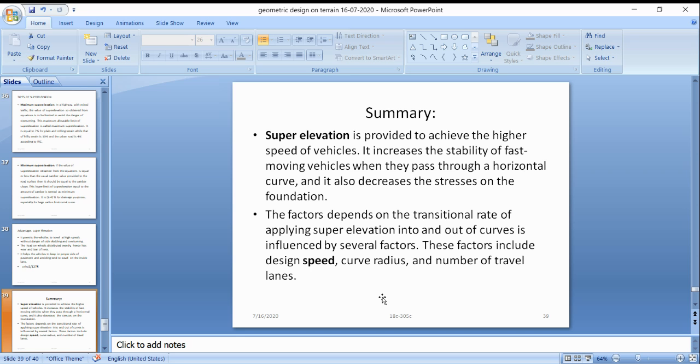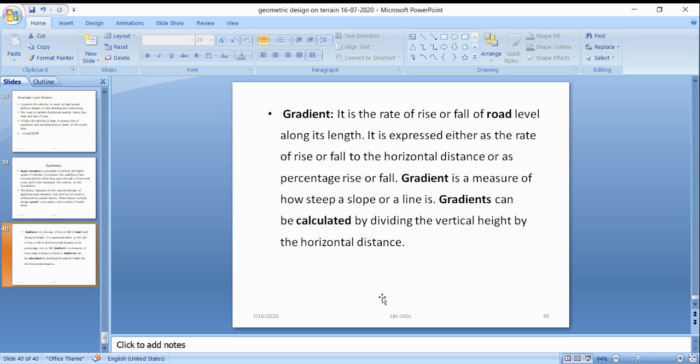The factors the transitional rate of super elevation depends on are design speed, curve radius, and number of travel lanes, how many lanes are coming. Those are also important factors.